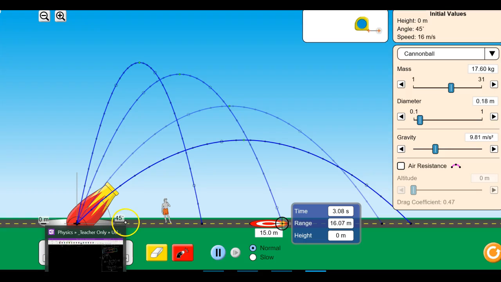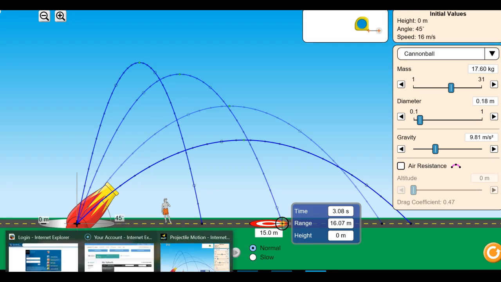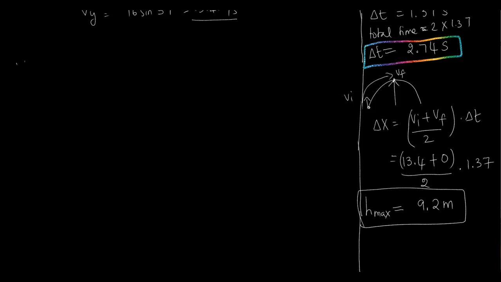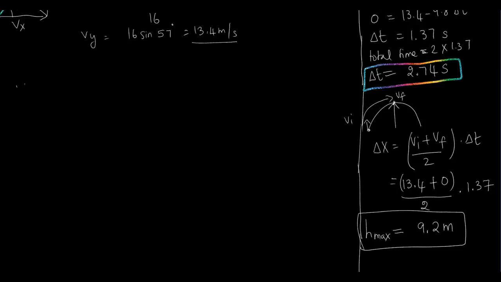So range is maximum at 45, but the time and the height is going to depend on the vertical components. So the higher the angle, the greater the time in air and greater the height. So you want to come back to this simulation and do some manipulation yourself.